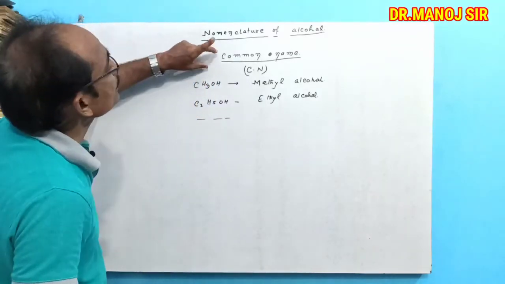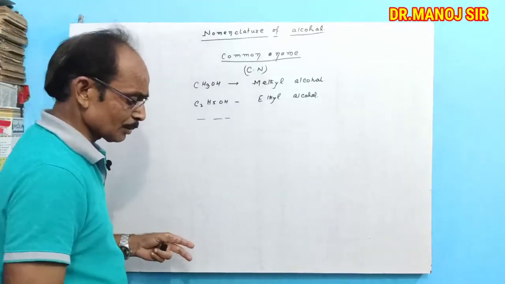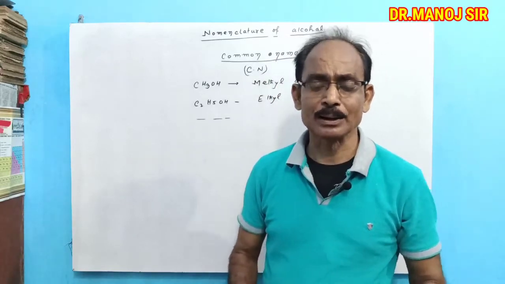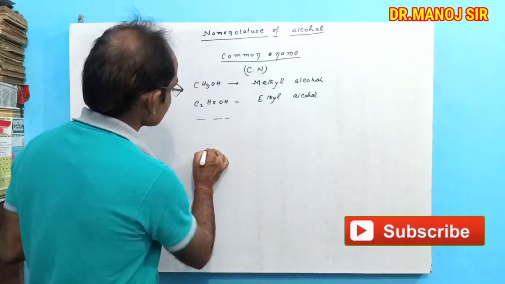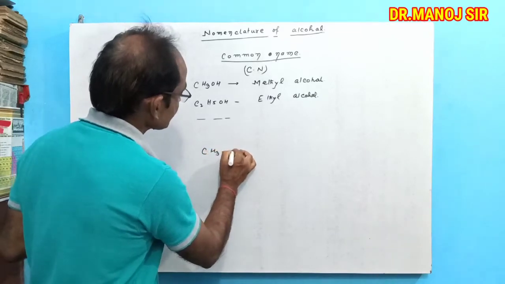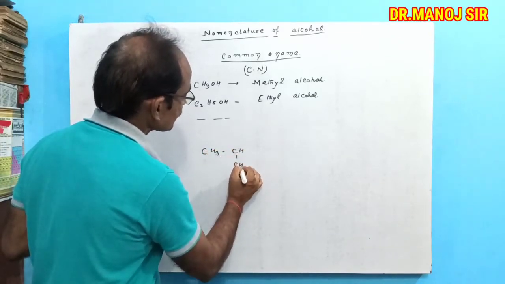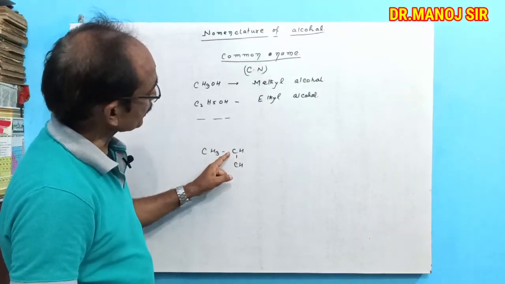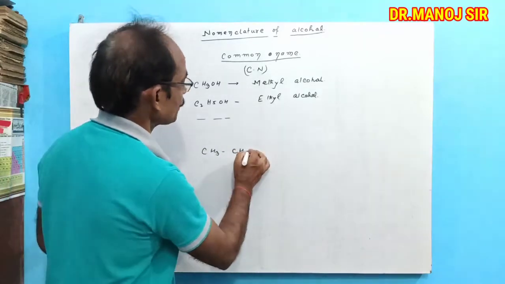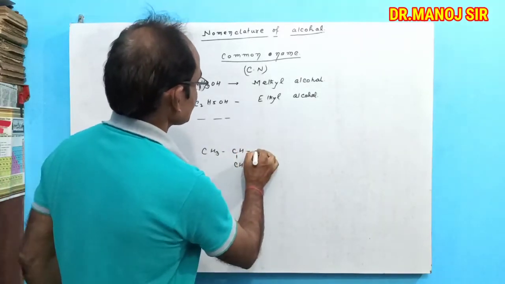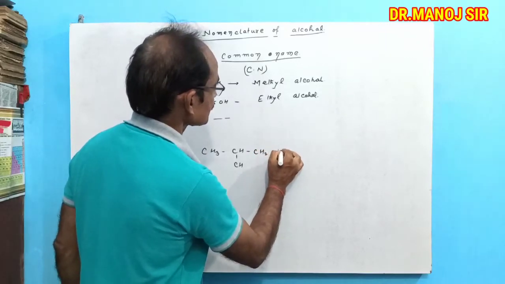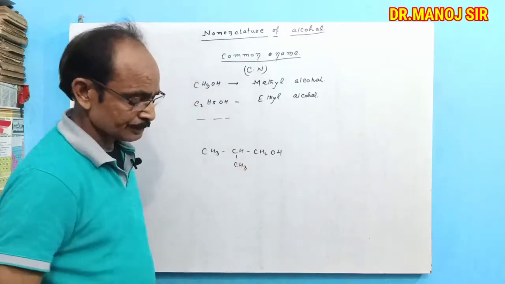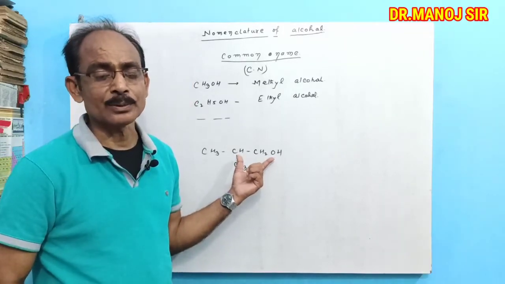But in this common name there are some of the structures that can be represented as isopropyl alcohol, that is CH3, CH3, carbons 1, 2, 3 and 4, CH2OH. That is called isopropyl alcohol.